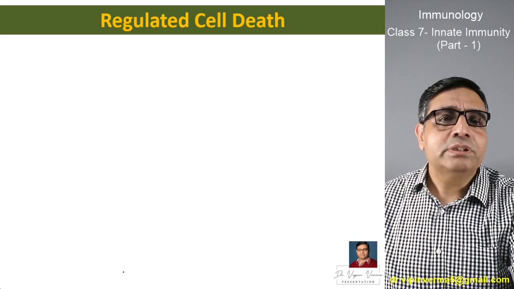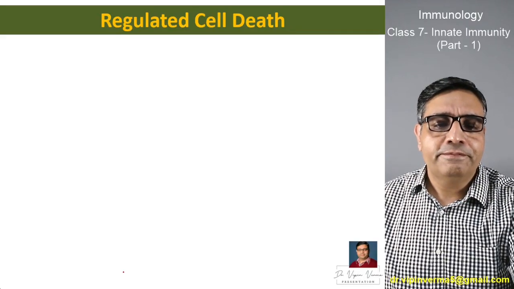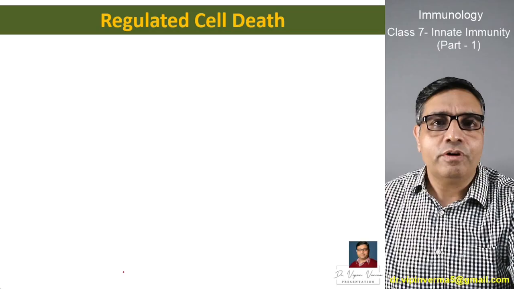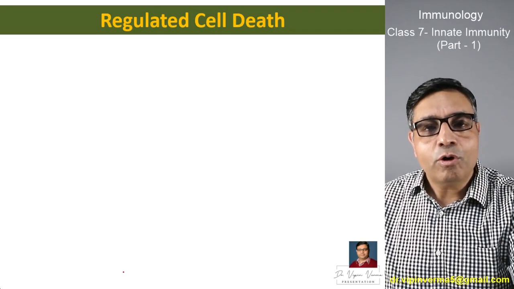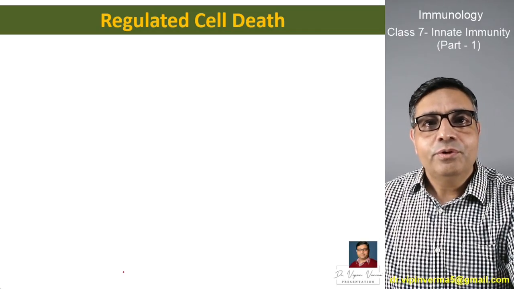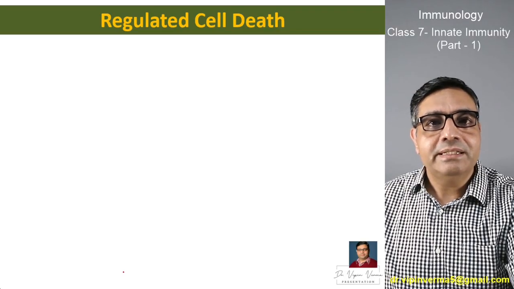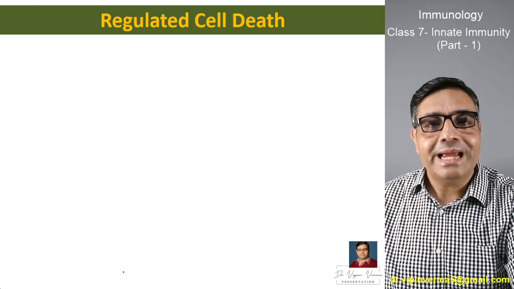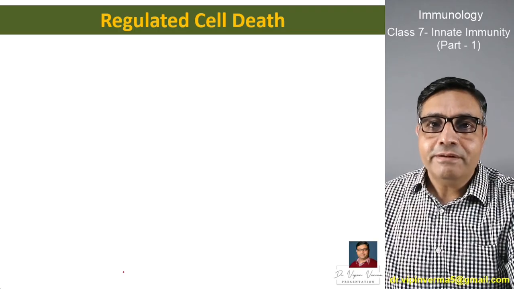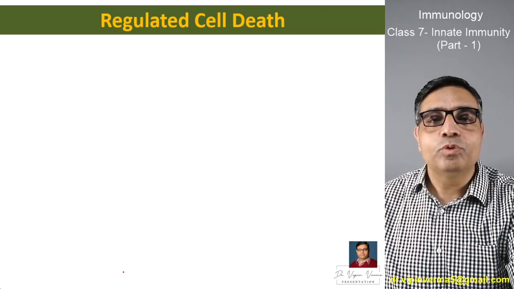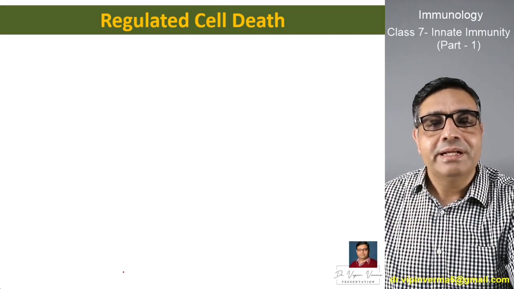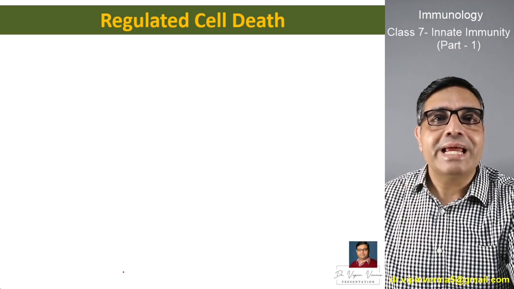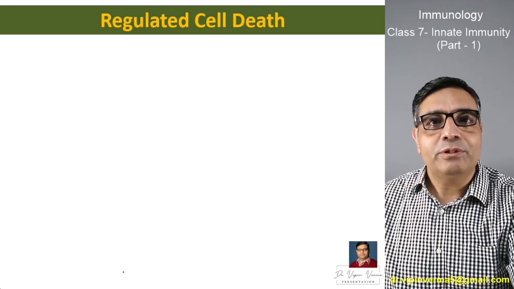This discussion was about the 6 families of the PRRs and how these PRRs are placed. On one hand, we see the TLRs, which are present on the membranes as well as inside the endosomes, while the later families of PRRs are exclusively intracellular, meant for elimination of the intracellular pathogens.